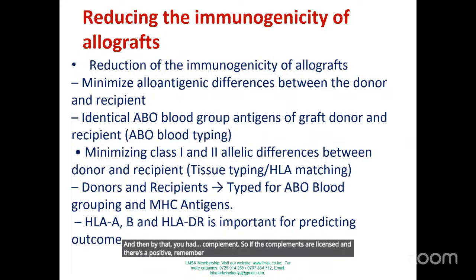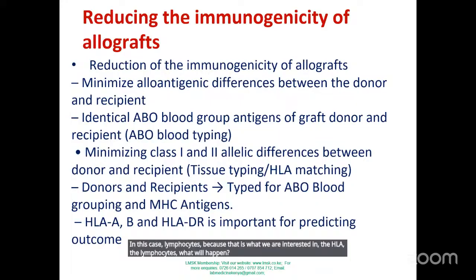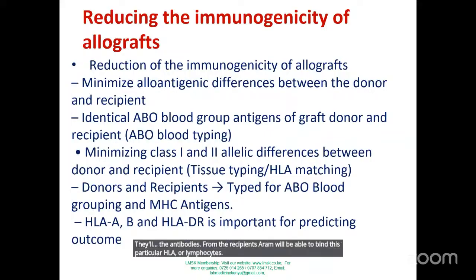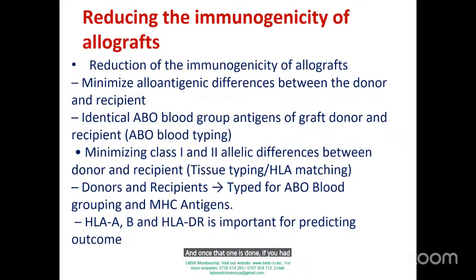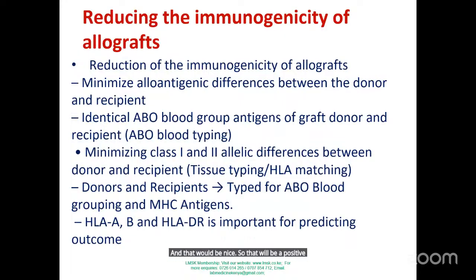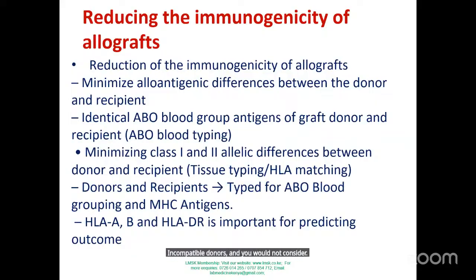If the recipient has antibodies towards the donor graft, in this case lymphocytes, because we are interested in the HLA on the lymphocytes, the antibodies from the recipient serum will bind the HLA on the lymphocytes. Once that is done, if you have complement, there will be activation of complement and there will be lysis. That is a positive reaction. In that case, those are incompatible donors and you do not consider that donor for that particular recipient.